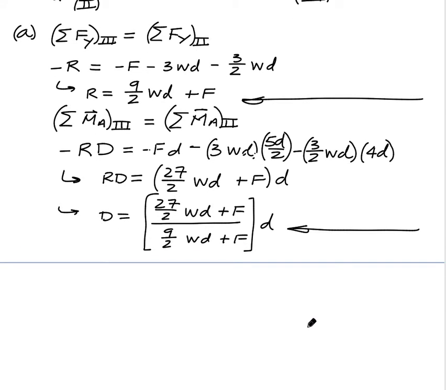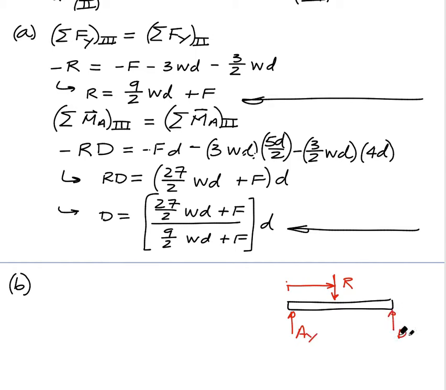For part B, we're wanting to now solve for reactions through equilibrium. So we draw the complete free body diagram now. So we have, from system 3, the resultant force there of R. We have AY and DY.